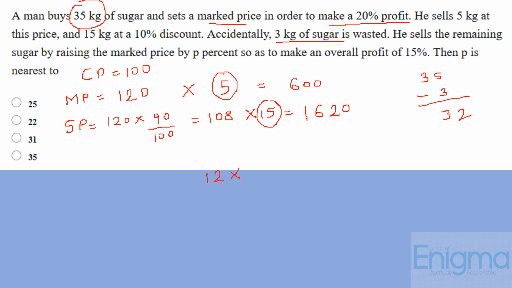Now it is given that his overall profit is 15%. That means the total income he has earned is 35 into 150, which is equal to 4025.